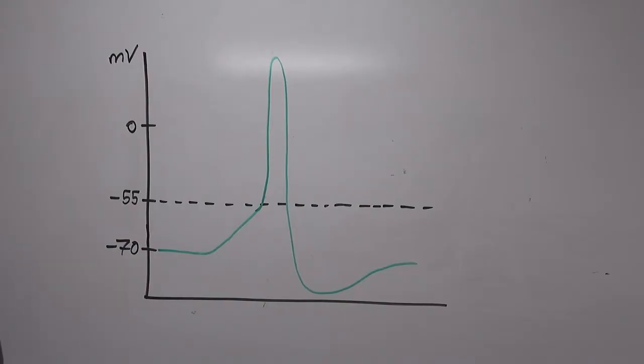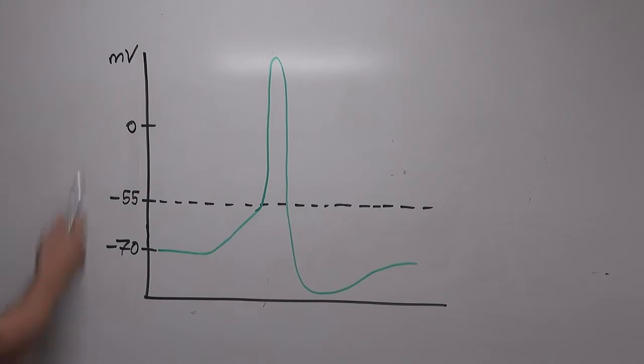Alright, so now shifting our focus to action potentials, we're going to represent this with a graph. This graph represents the level of electrical stimulus in the intracellular fluid of the axon of the neuron.